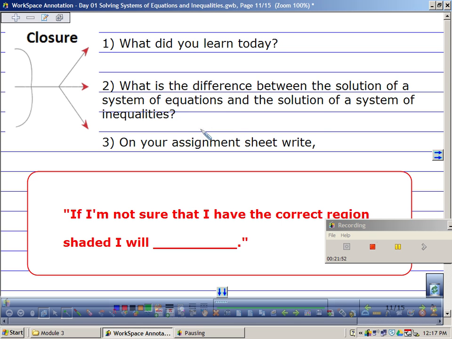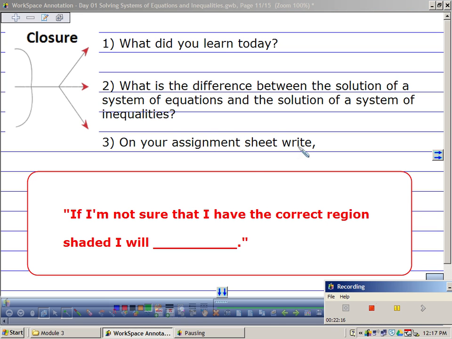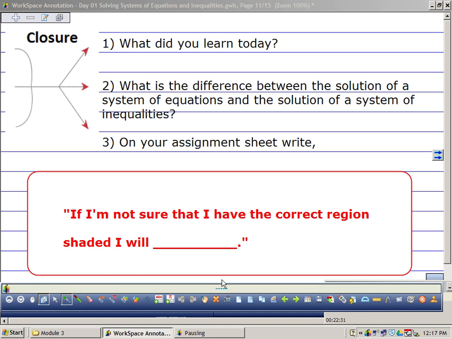One of them is one solution, and the other one is a shaded solution. All right, on your assignment sheet, write, if I'm not sure that I have the correct region shaded, I will... What could you do if you don't know if you have the right region shaded? You could test a point. Absolutely. Good job.